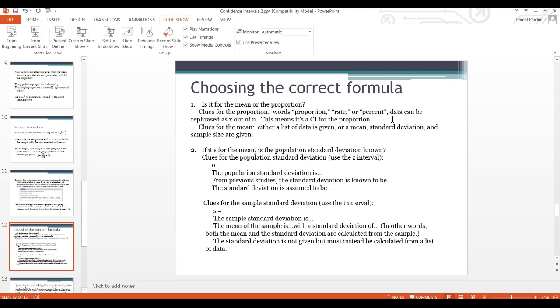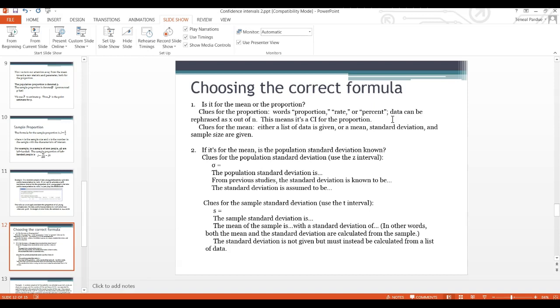The dead giveaway, though, is always that your data can be rephrased as X out of N. Like we had before, 24 out of 200, or 48 out of 200. That would be a confidence interval for the proportion. So you do the confidence interval for the proportion.